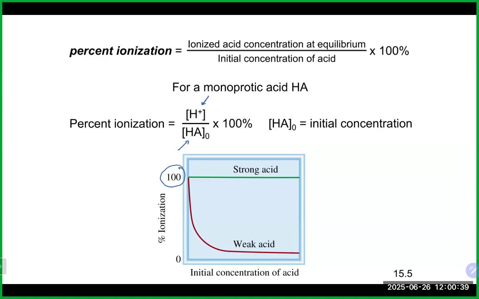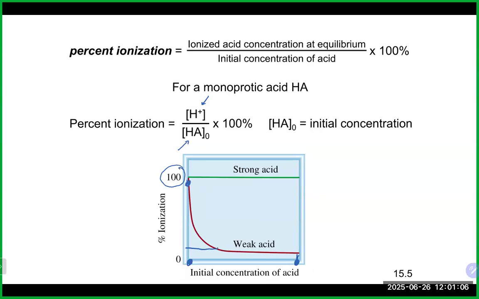And that's, again, as we talked about the other day, why sometimes your assumption works and why sometimes your assumption perhaps doesn't work. As you can see here, when you have a larger concentration of your acid, you have a lower percent ionization. And when you start with a smaller concentration of your acid, you have a much higher percent ionization. That was like my pizza example I did the other day, right?